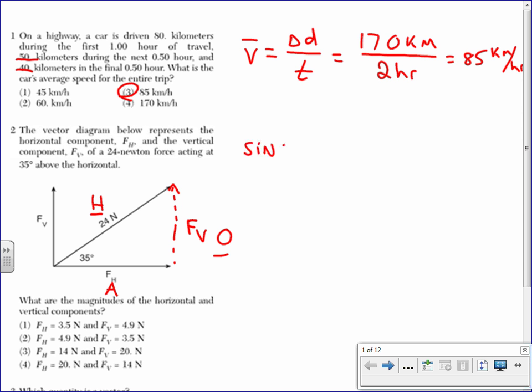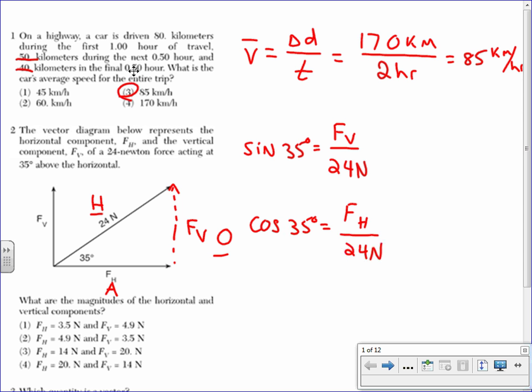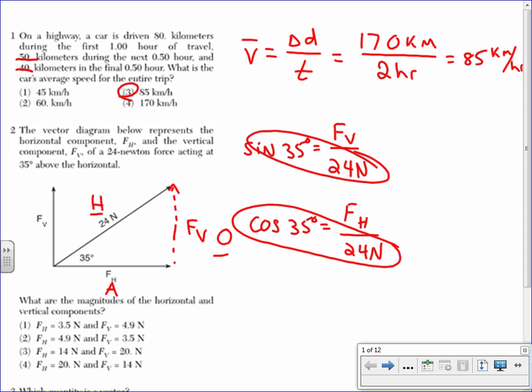So we're going to do sine of 35 degrees equaling the vertical component of the force divided by the hypotenuse of 24 newtons. Okay, in order to find the adjacent side, we're going to set up cosine of 35 degrees equaling the horizontal component divided by 24 newtons. And when you plug that into your calculator and cross multiply, you get choice 4. 20 newtons for my horizontal force and 14 newtons for my vertical force.